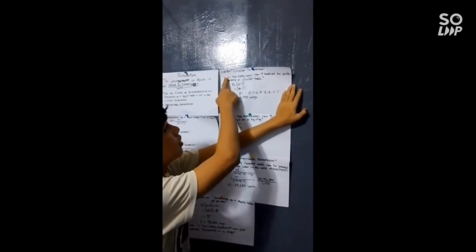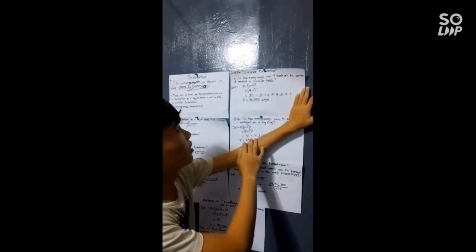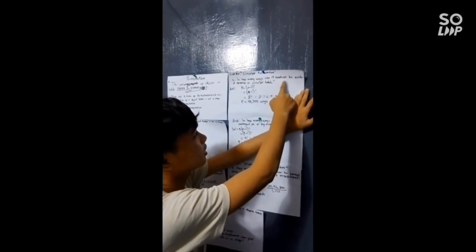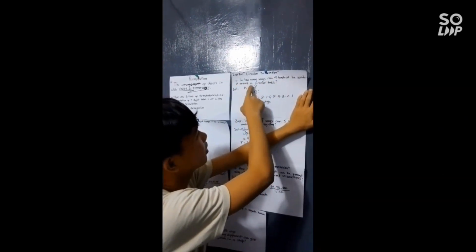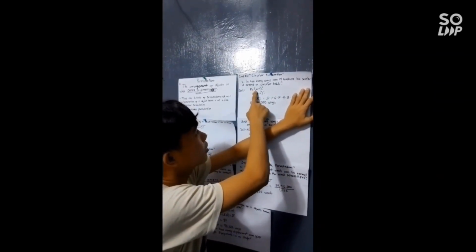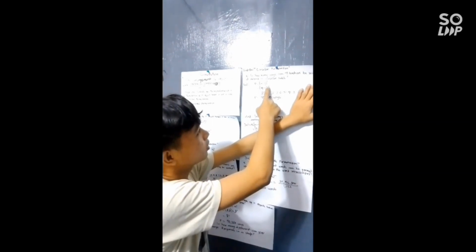Second example, circular permutation. In how many ways can 9 teachers be seated around a circular table? Solution: P is equal to n minus 1 factorial.